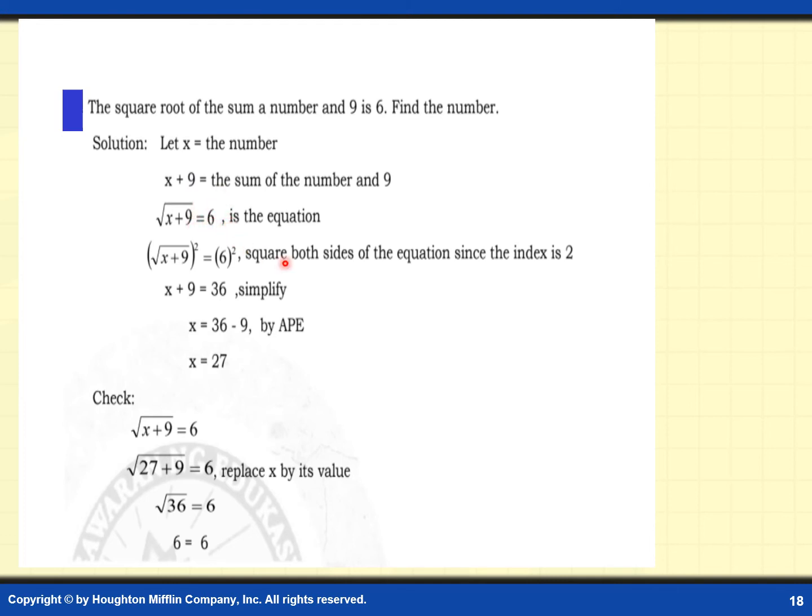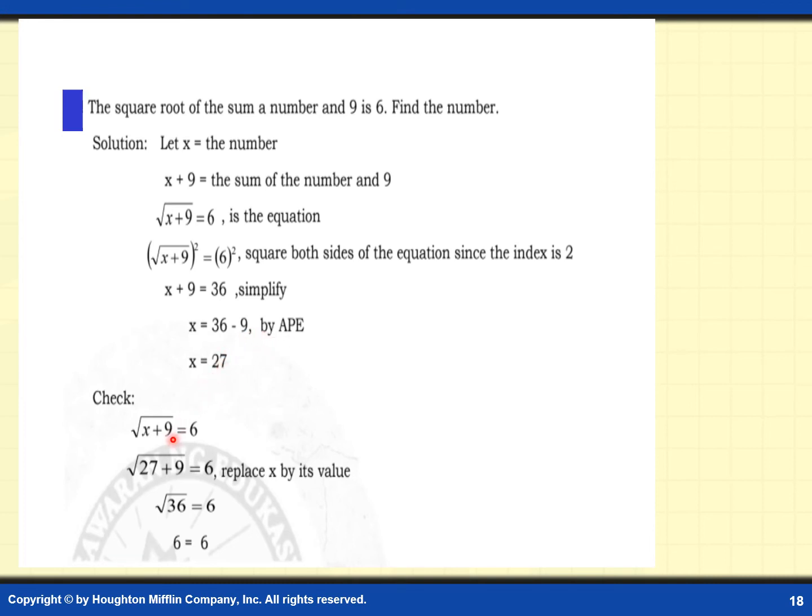So same, square both sides of the equation since the index is 2. Magiging x plus 9 is equal to 36. And then simplify po natin. Additive inverse. Magiging 36 minus 9, that is equal to 27. Ang value daw po ng x natin is equal to 27.